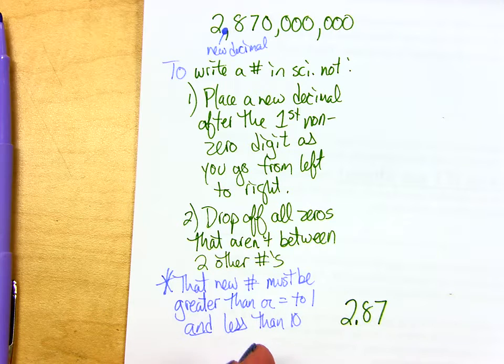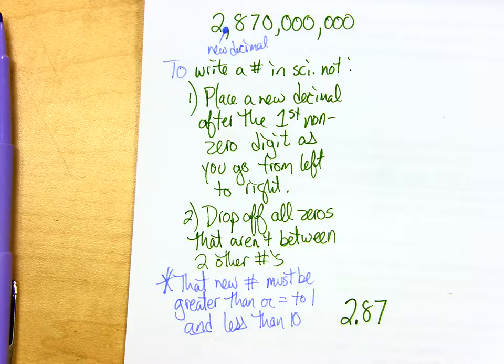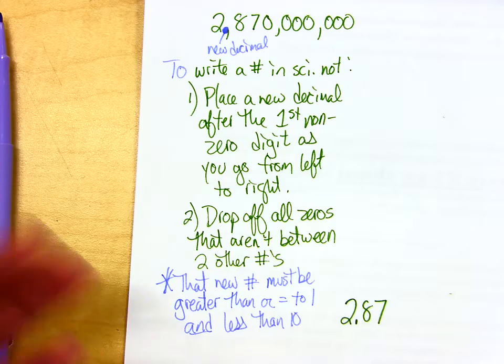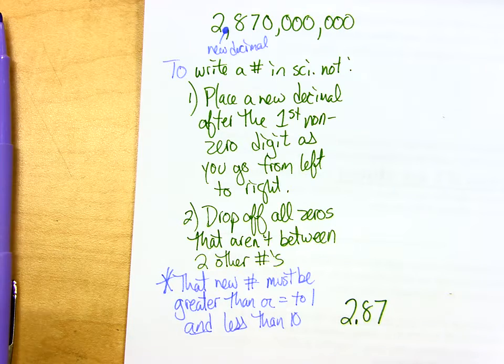Now that you have your first number, we're always just going to multiply it by some power of 10. So I'm going to multiply it by 10 to the power of, how do you know? All you have to do is count how many decimal places are between the new and the old decimal. You don't count the number of zeros. It's a very common mistake.